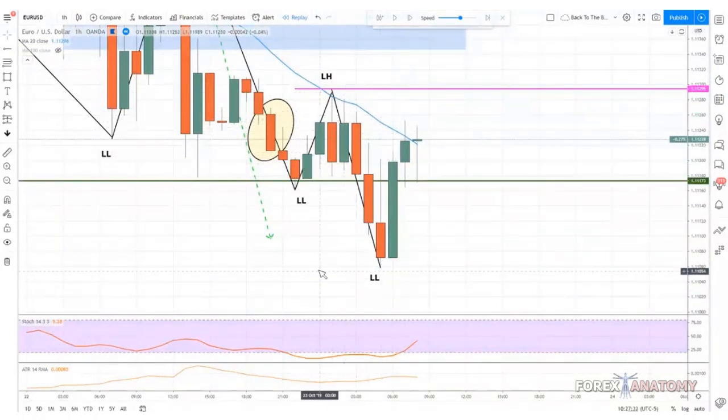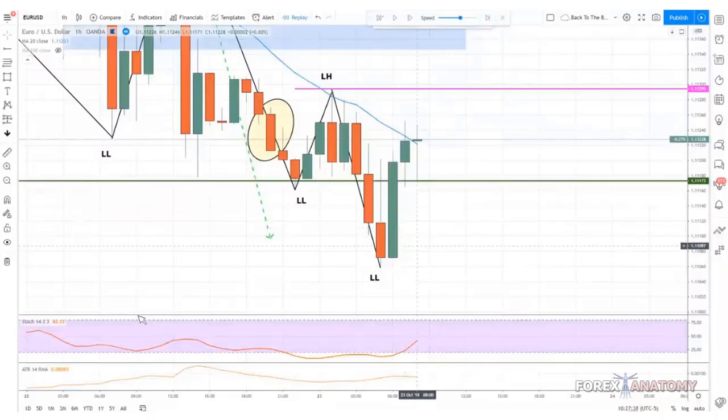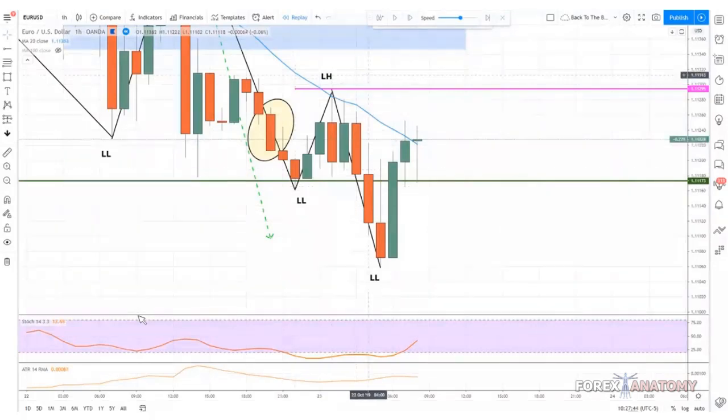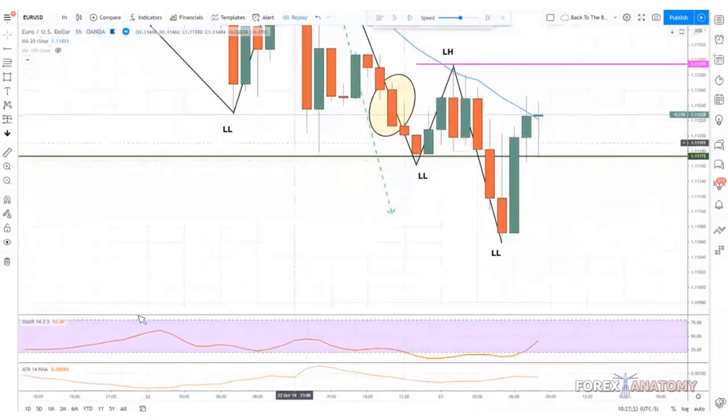So this is when you have to be extra careful, because for all we know, price could be in the midst of a reversal. We don't know, but let's see what happens. There may be a selling opportunity around here, but if you do take it, it could be quite risky. But we do have price hitting this structure area right here.